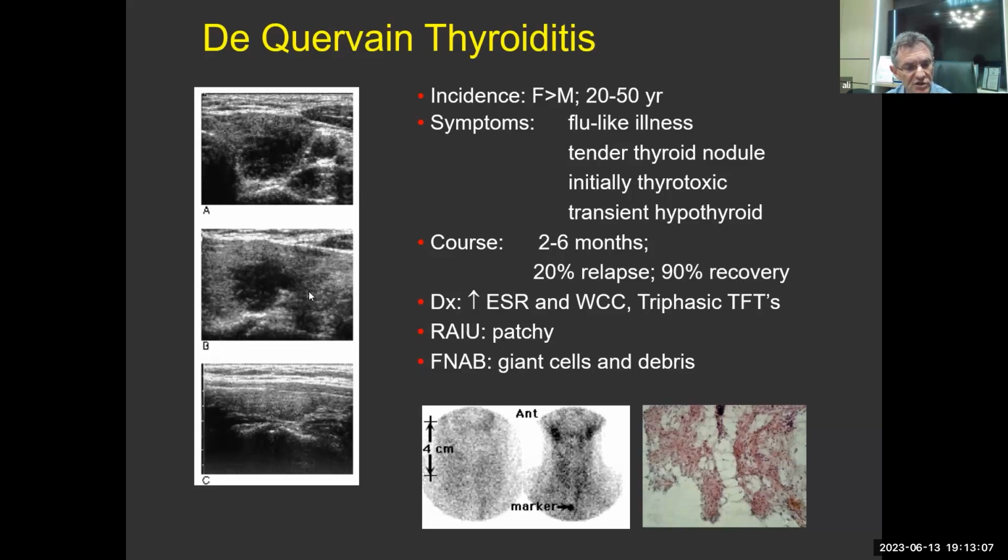Because the gland is being destroyed, there is no uptake of radioactive activity in the thyroid gland. So the majority are painful thyroiditis. However, 5 to 10% can be painless thyroiditis.